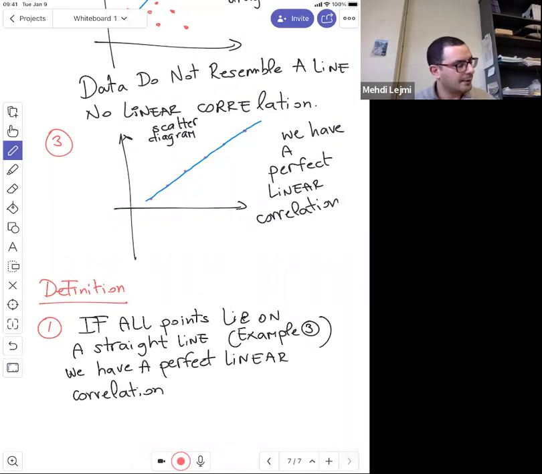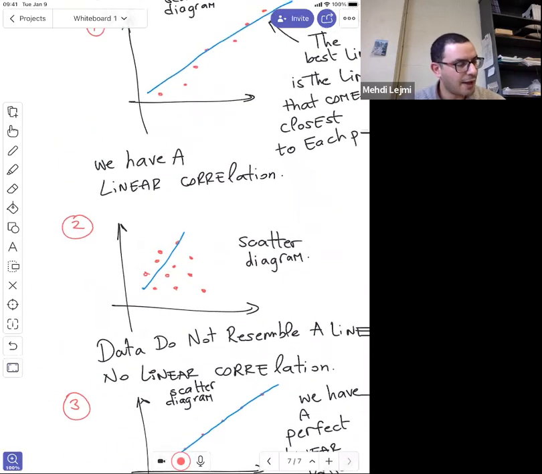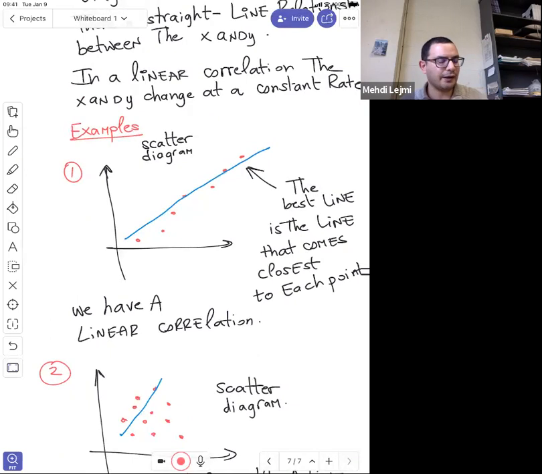Now, if you have, like in example 1, a linear correlation, the data resemble a line, and the line is going up.